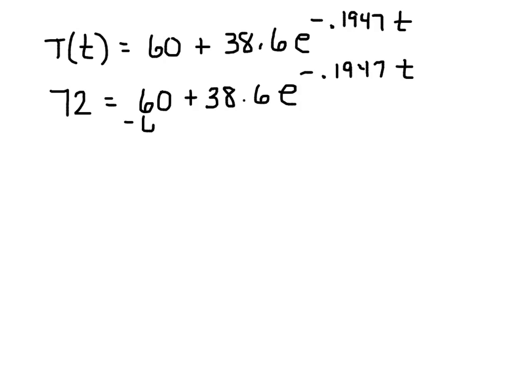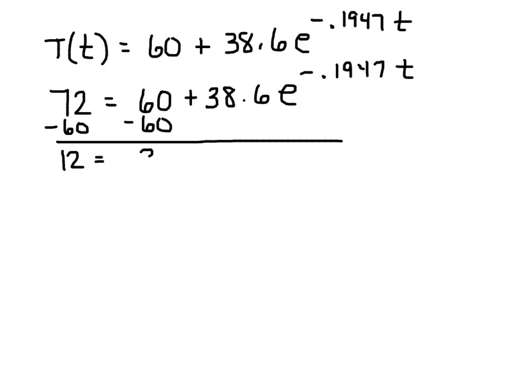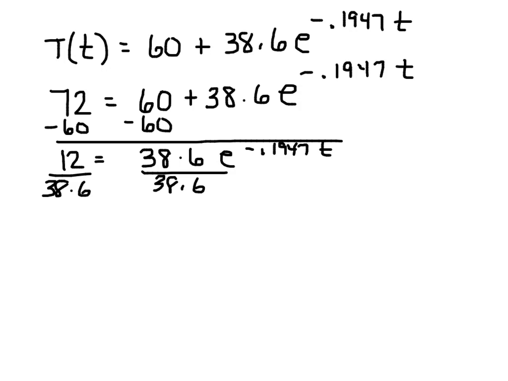So I'm going to subtract 60, because again, remember, you get rid of adding and subtracting first, which gives me 12 equals 38.6 e to the negative 0.1947 t. Then I divide both sides by 38.6. And again, I'm going to leave it as 12 over 38.6 because I think it's going to be more accurate for my next step. I'm not actually going to divide that out.